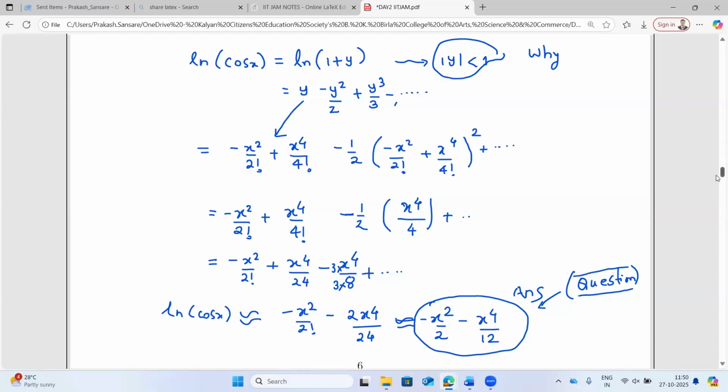Sir, I am thinking in this question that cos x is equal to 1 plus y. Then we can shift: cos x minus 1 is equal to y. And what is the maximum value of cos x? It is 1, sir. Yeah. So can I say that mod y is always less than 1? Sir, it is less than or equal to 1.